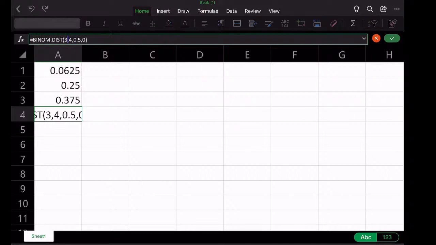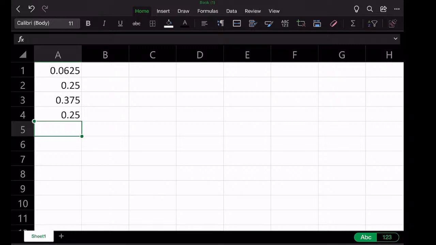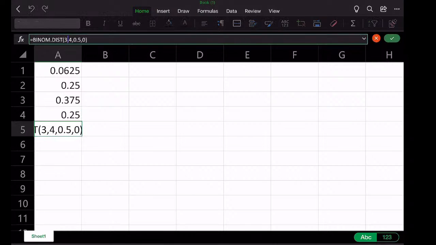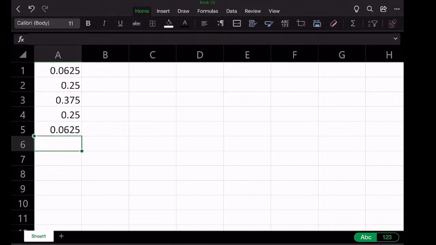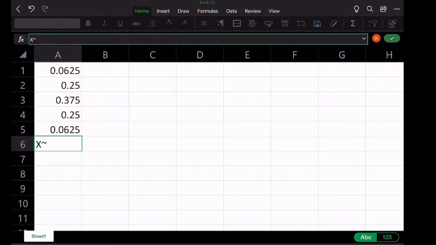And the last one is 4. Okay, so that is the binomial for n. So this is x binomial with n of 4 and p of 50%, or half.